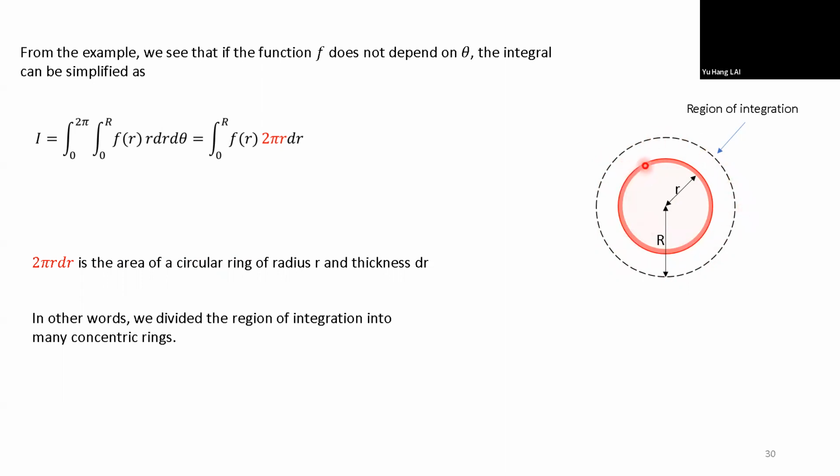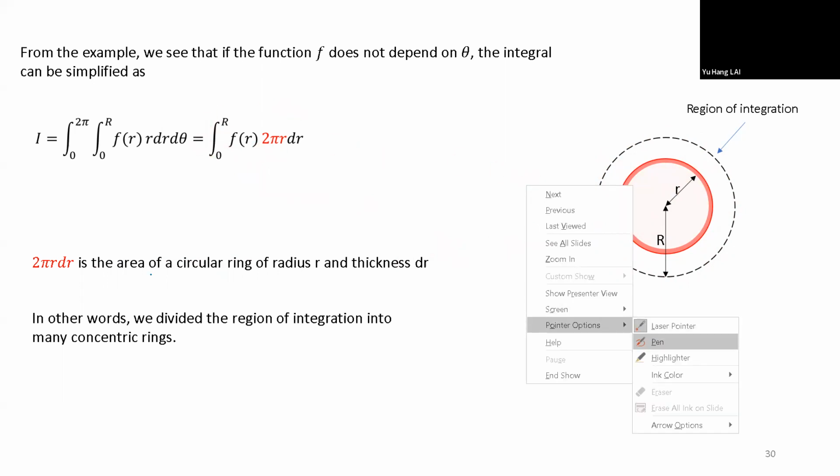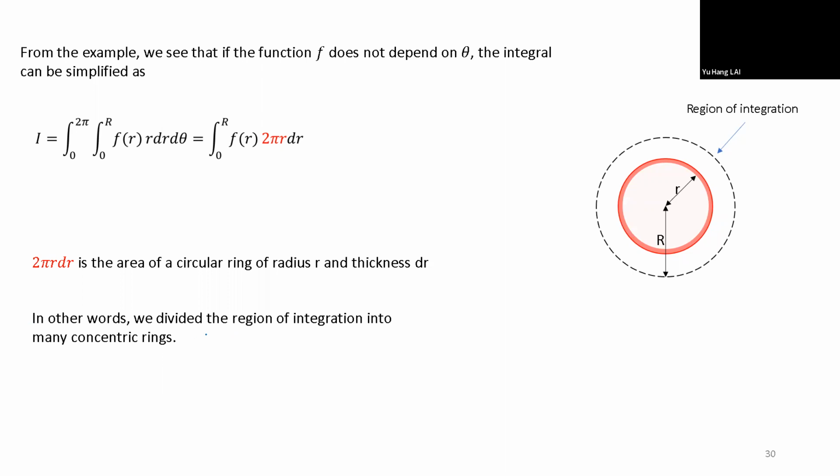The thickness, or the width, of this ring is dr. So when you are doing this kind of integral, you're cutting the integration region into many concentric rings, just like this.